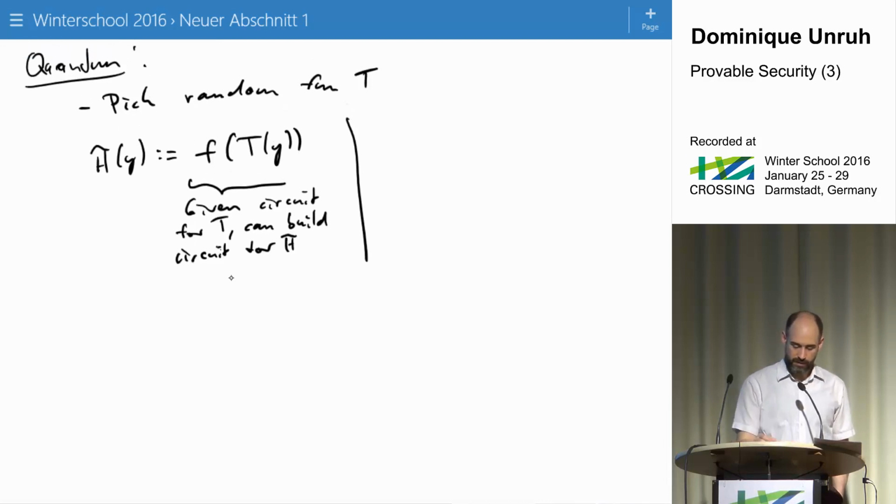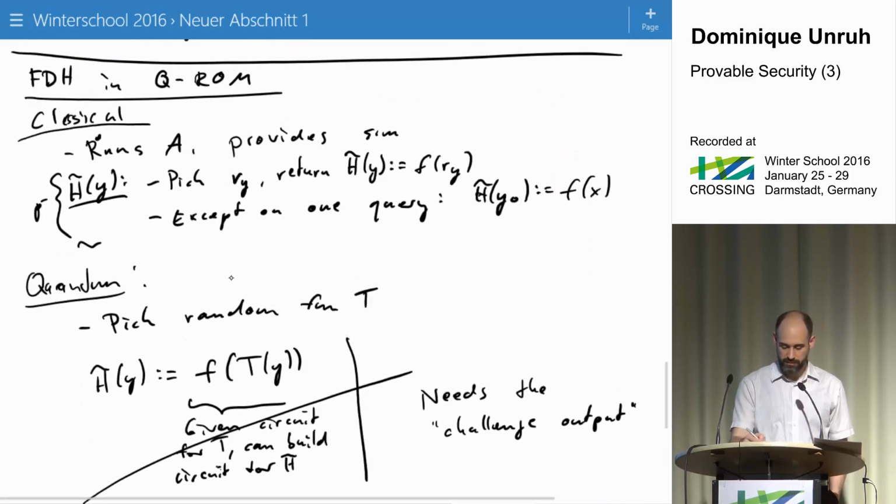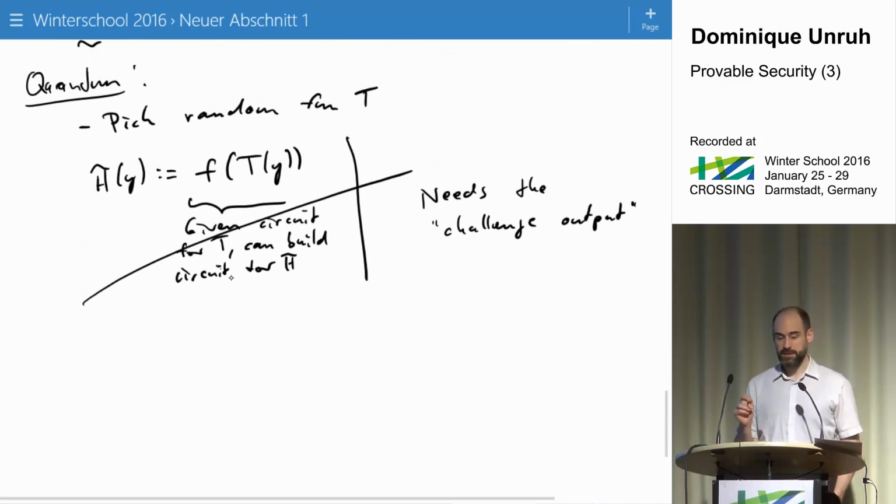For this we need to slightly extend this, so this does not work. We need to somehow put the challenge output in this thing. So we will do it slightly differently.